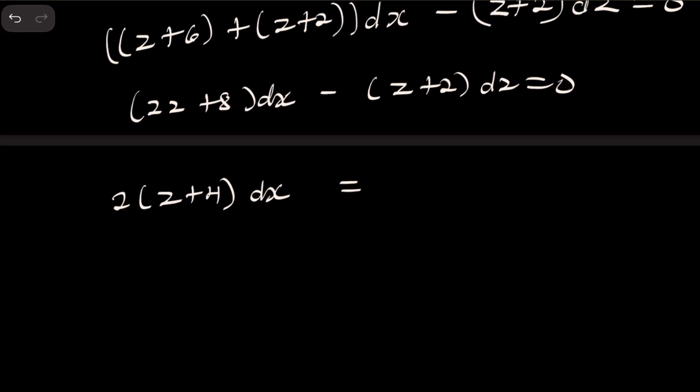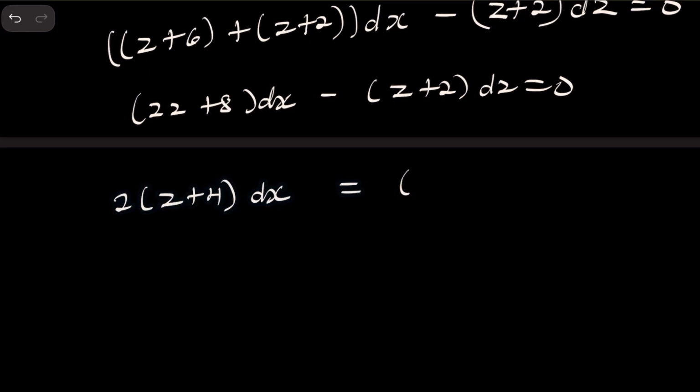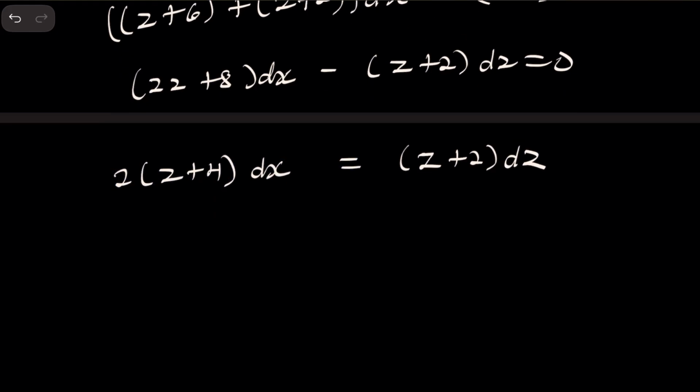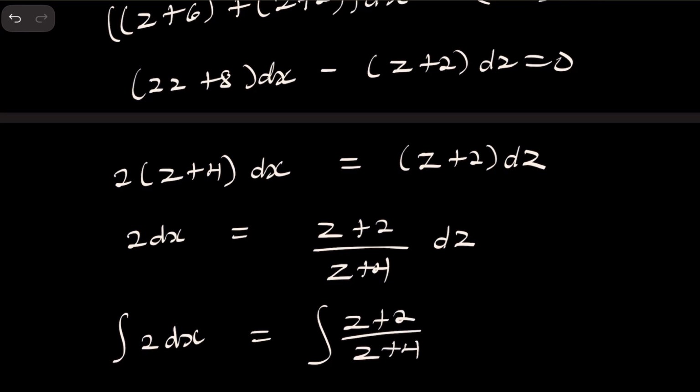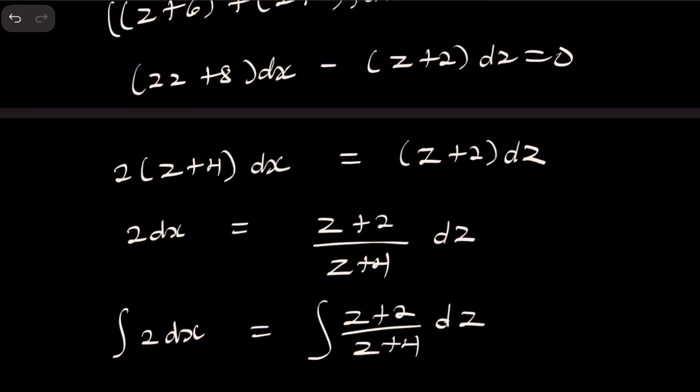Then we move the second term to the right hand side, so that will be (z + 2) dz. We now separate variables, and so we're going to have 2 dx = (z + 2)/(z + 4) dz. So we can now integrate both sides, so that will be the integral of 2 dx equal to the integral of (z + 2)/(z + 4) dz.